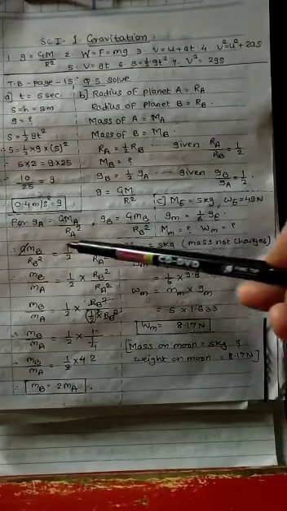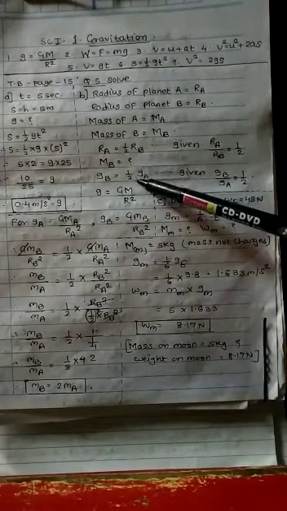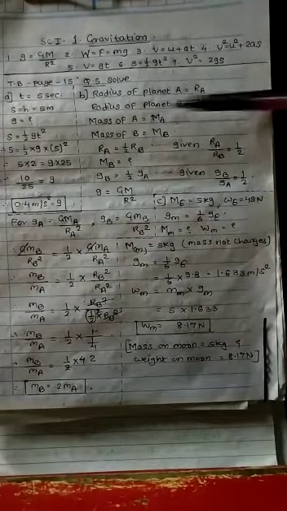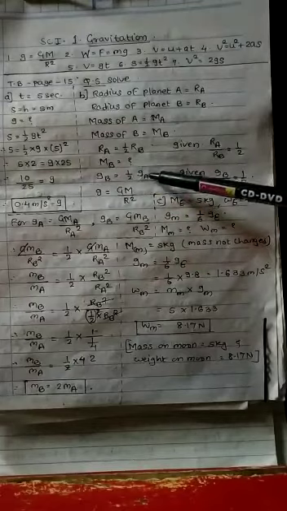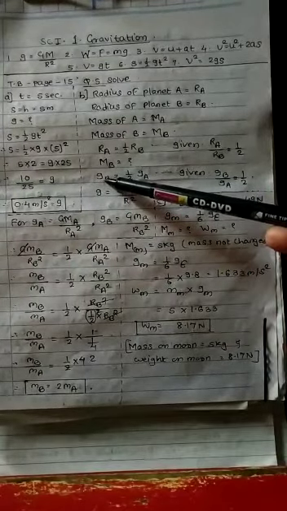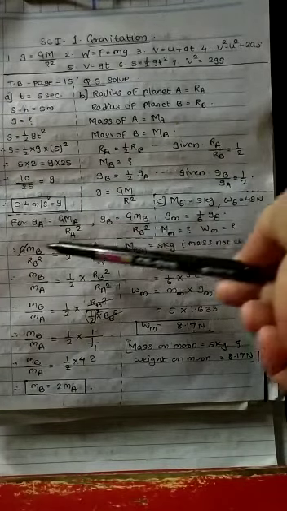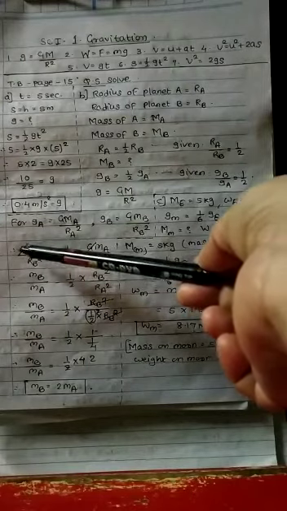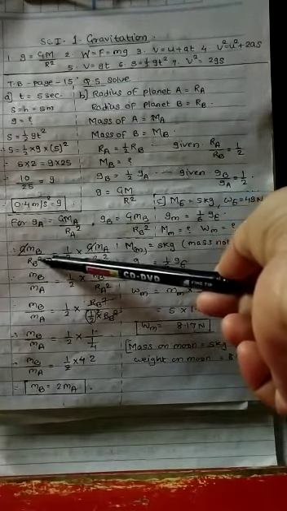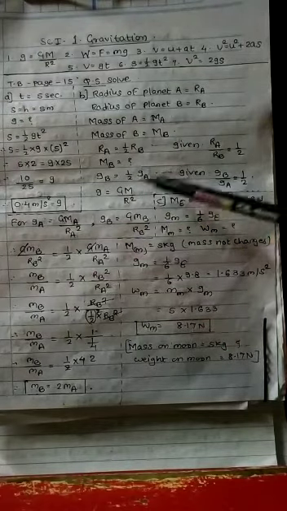Then see here, in the given condition, Gb is equal to half Ga. The values are put down here. So we write GMb upon Rb square is equal to half Ga.